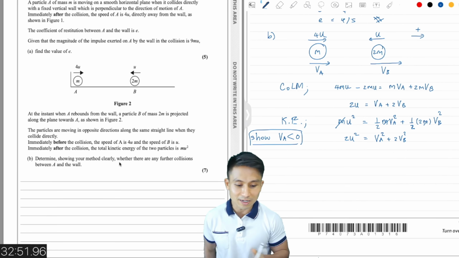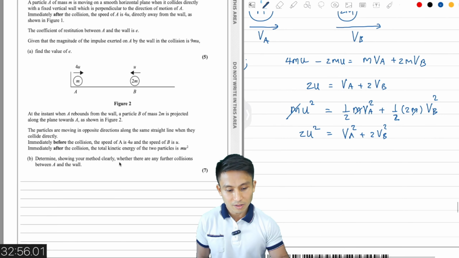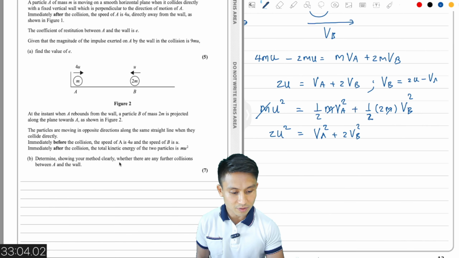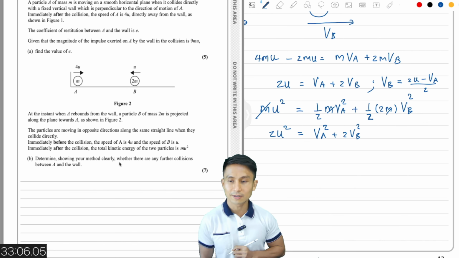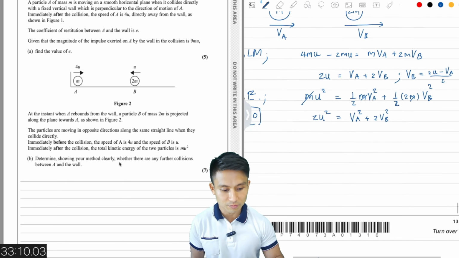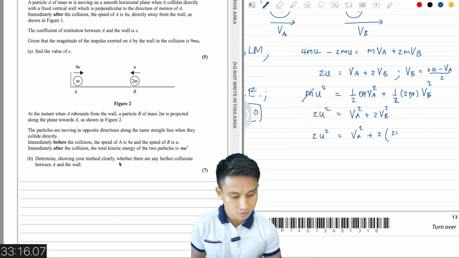But I think we can, because we're going to solve it in terms of u, right? Yeah, so because we want to solve for VA, I'm going to make VB in terms of VA. So VB equals (2u minus VA) divided by 2, like that. Now we substitute that into this second equation: VA squared plus ((2u minus VA) divided by 2) squared.